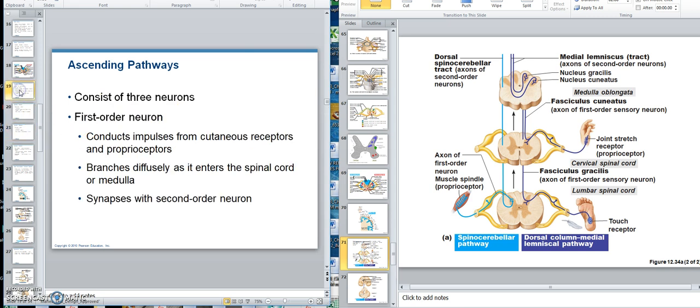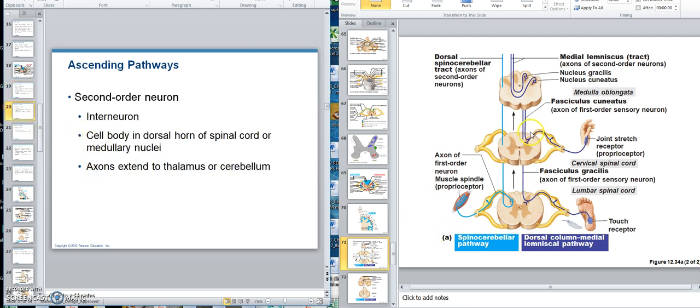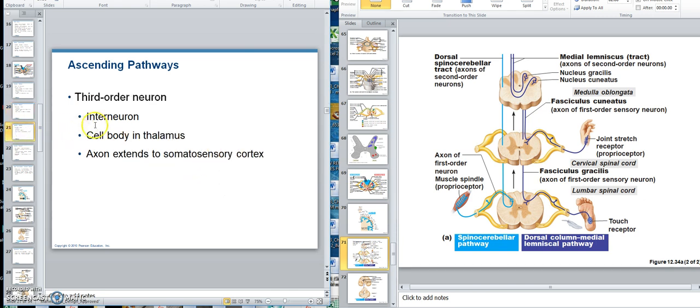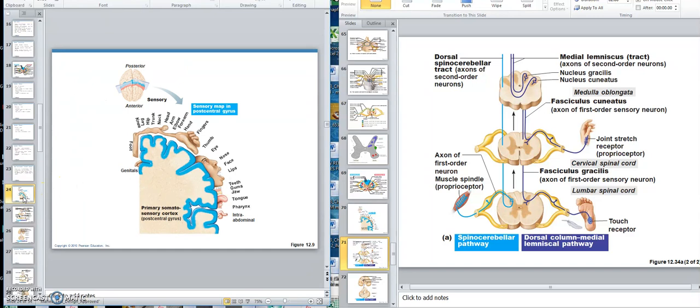Let's go back. First order comes in. Second order goes up, and let's say ends, if it's spinothalamic, at the thalamus. Third order, cell body in the thalamus, extends to the somatosensory cortex. All right, this is where this comes in, the somatosensory cortex, okay, which would be this area here.